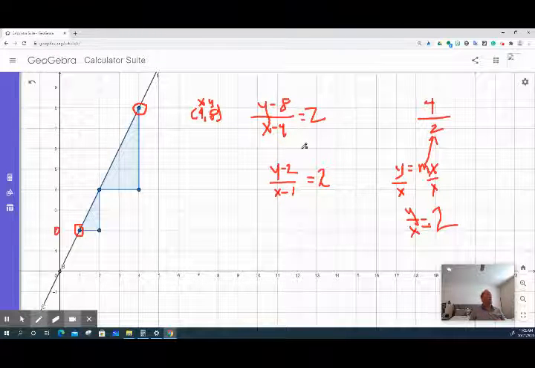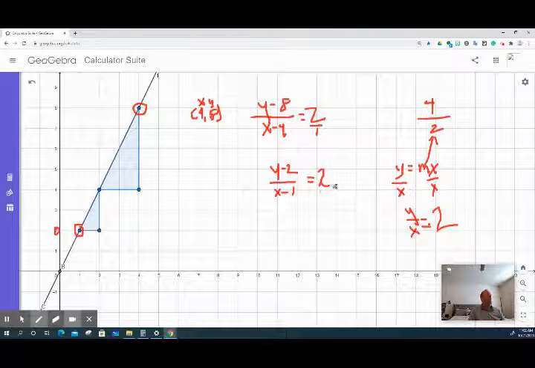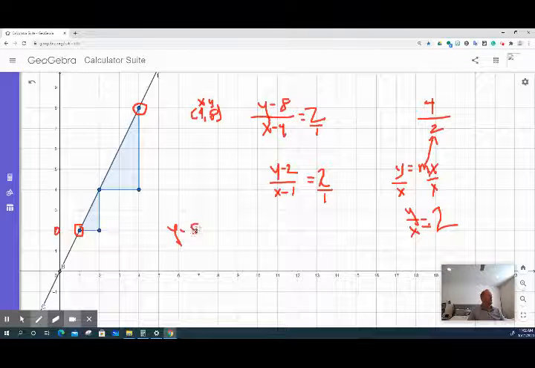Well, last year, I know you've done this before, we used cross multiplication to help us eliminate numbers and variables. So we say y minus 8 times 1 is just y minus 8 because 1 doesn't change it. And then 2 times x is 2x.